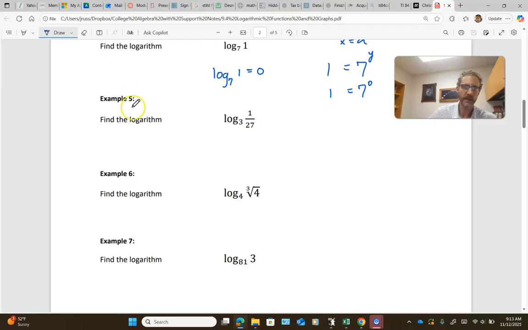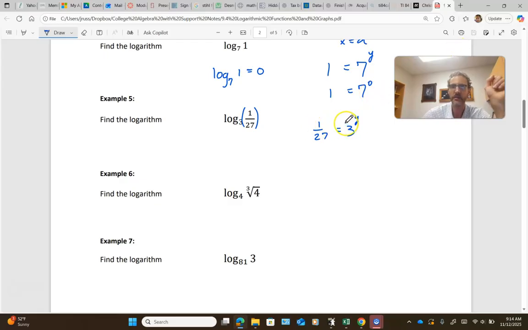Alright, example 5. So this one, the argument is actually a fraction. So here we're trying to figure out 3 to what power is equal to 1 over 27. Okay, so you have to be a bit innovative to figure some of these out. What you can do though is, if you can figure out a way to express this left-hand side as 3 to some power by manipulating it, then you'll know what that exponent is, and you'll know what the logarithm is.